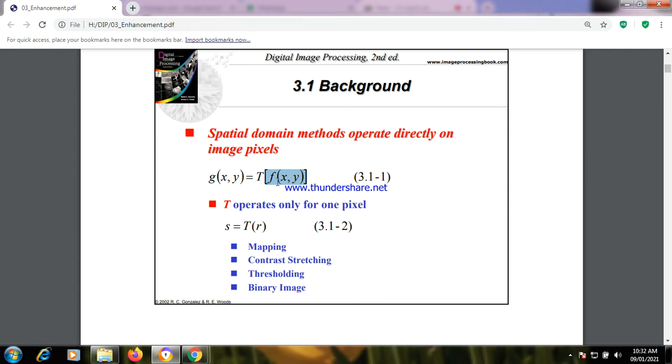So f of xy is the input, g of xy is the output, and T is the operation performed on the original pixel.